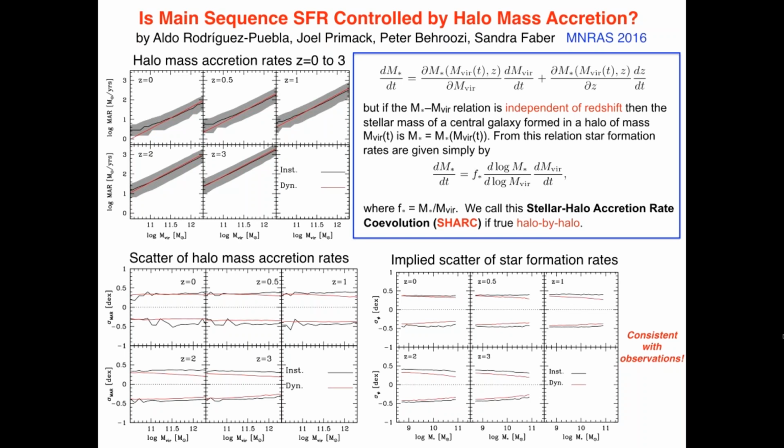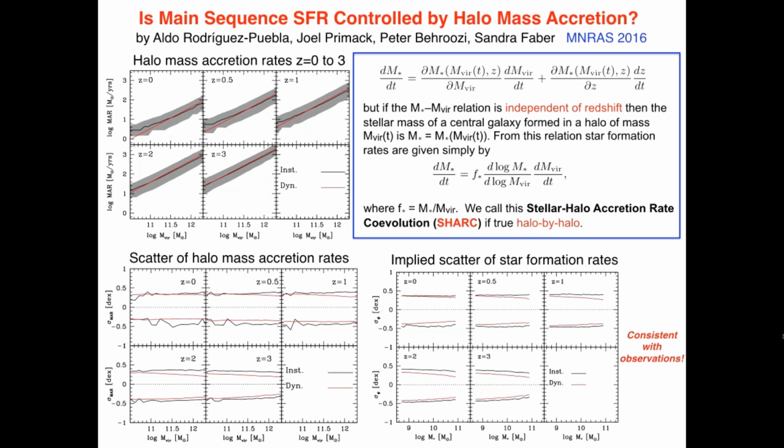The star formation rate, dM_star/dt, is dM_star/dM_halo, the virial mass, times dM_halo/dt. And then there's also the possibility of change with redshift, dM_star/dz times dz/dt. But if the M_star virial mass relation is independent of redshift, then the right-hand term vanishes, and all you have left is the left-hand term.